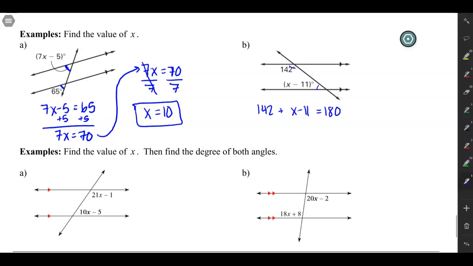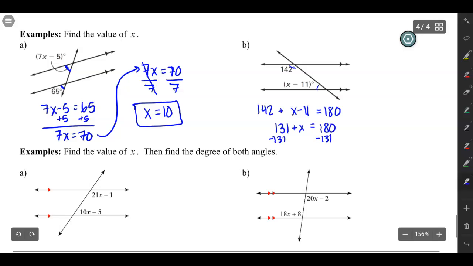So let's go ahead and simplify this. I'm going to start by combining the 142 and the negative 11 to get 131. So 131 plus x is equal to 180. Then I will subtract 131 from both sides to get x equals 49 degrees.